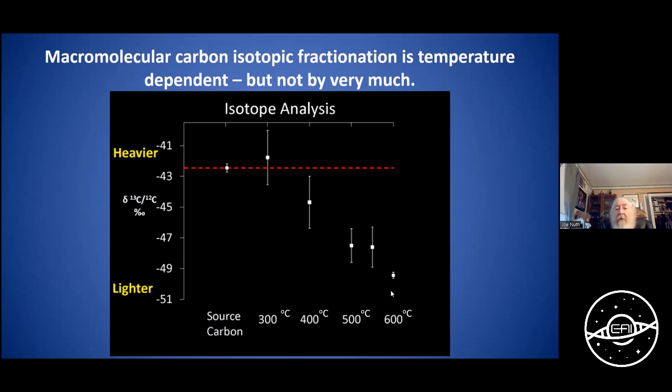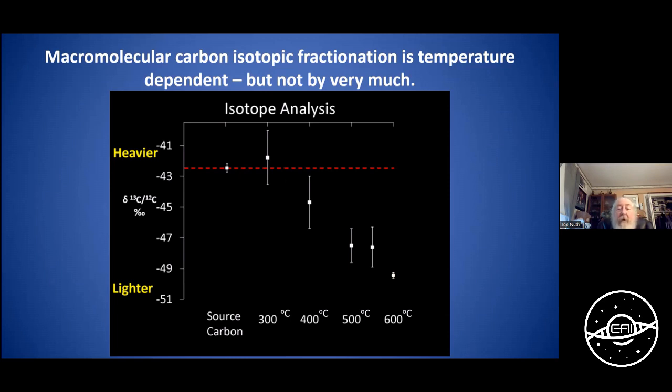It got lighter as a function of temperature, but not by enough to really tell, especially if these materials circulate in the solar nebula from slightly higher to slightly lower temperatures. All these temperatures are possible within pretty much the same region. And it's unlikely that one set of materials will stay in one region exclusively.